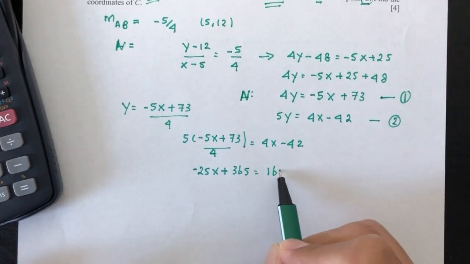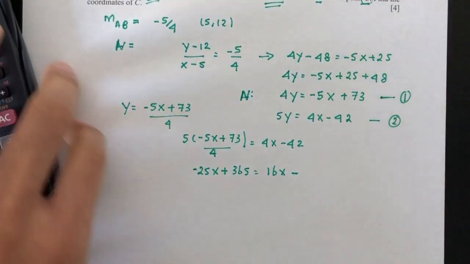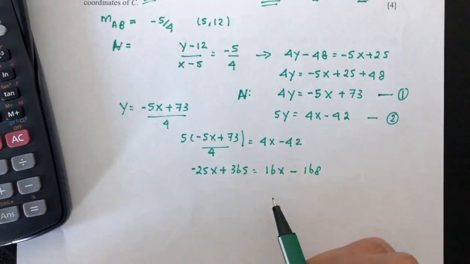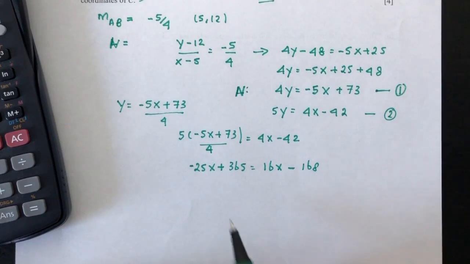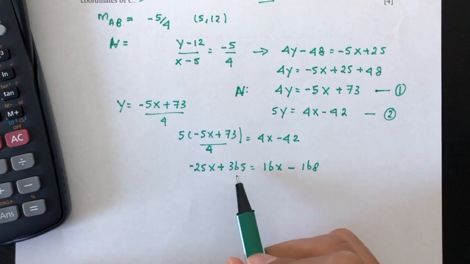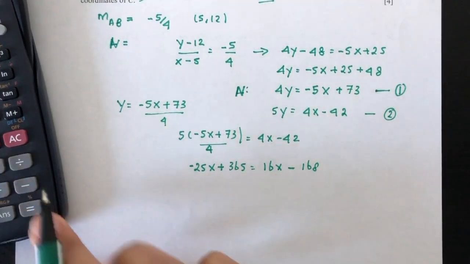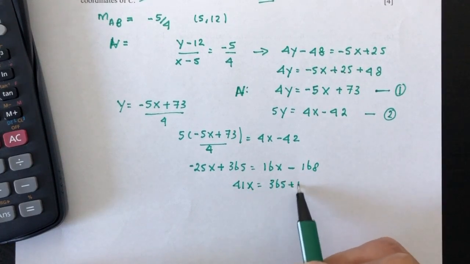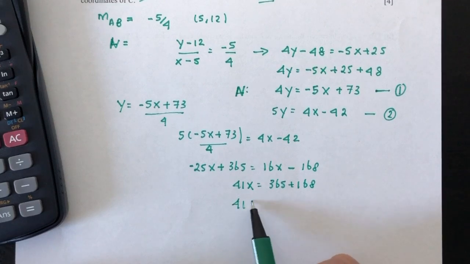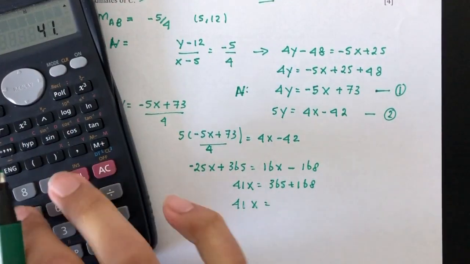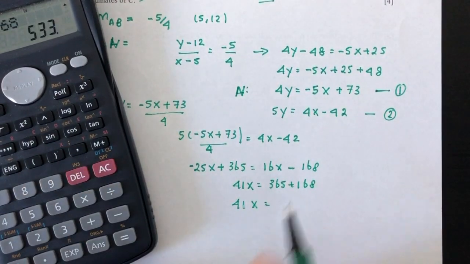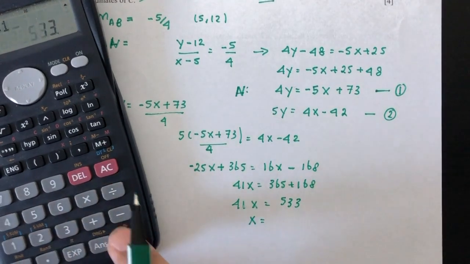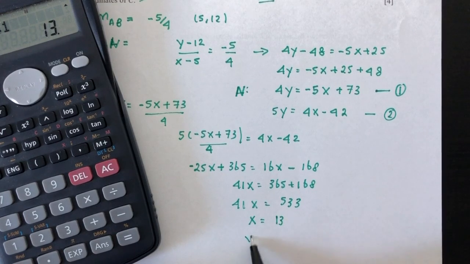Here you have 16x, and here you will have minus 42 times 4, that will be 168. So if you simplify, you will have 25 plus 16 on one side, that will be 41x equal to 365 plus 168. So 41x will be 365 plus 168, 533. So the value of x will be divided by 41, that will be 13.